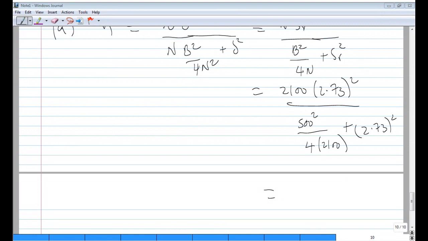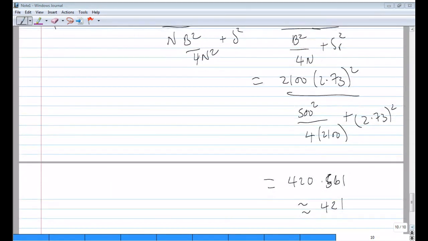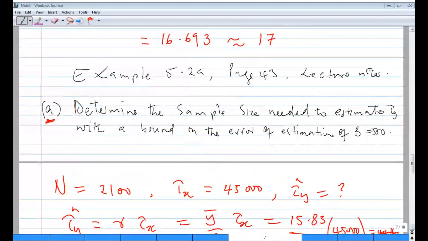Yes, so the answer is 420.561, which is equivalent to 421. So that means this is the overall sample size.